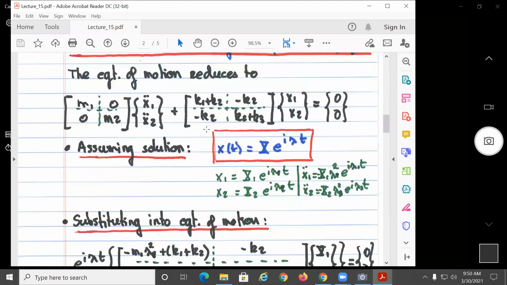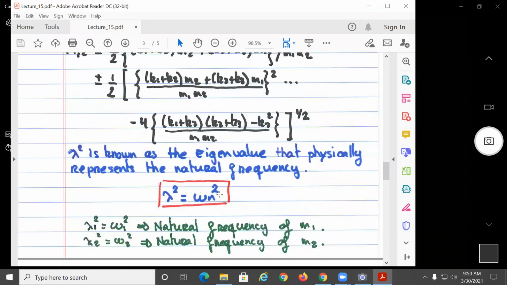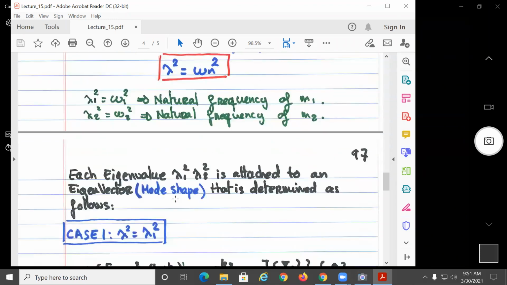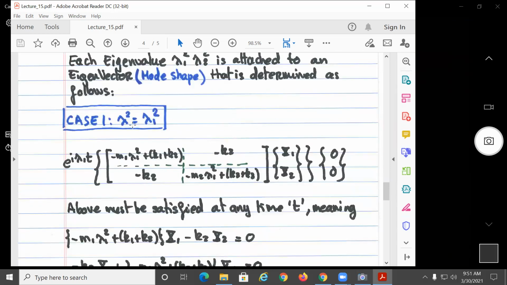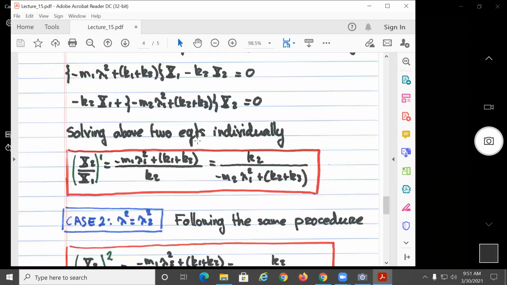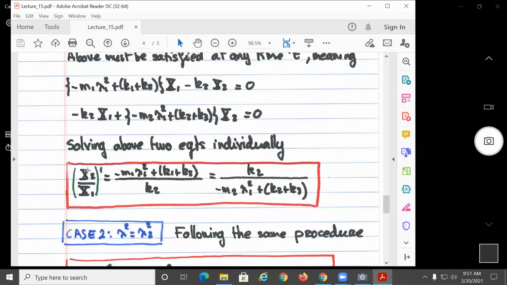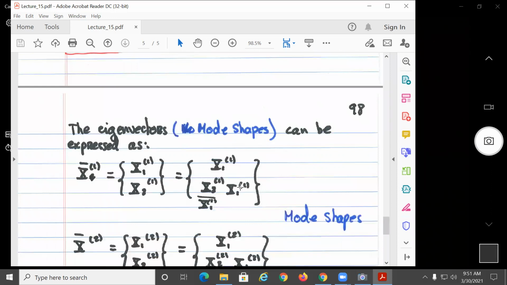Okay, so now that we do this, we have 2 eigenvalues that correspond to the natural frequencies. To each eigenvalue, to each frequency, there is going to correspond an eigenvector that I think I call a mode shape. So we did case 1, when lambda equals lambda 1 squared, you substitute into this equation, and you end up having the ratio of the deformation x2 over x1 equal to this, and for lambda 2 equal to this.